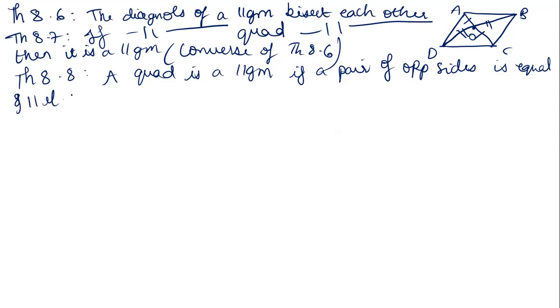So any quadrilateral is a parallelogram if any pair of opposite sides is equal and parallel to each other. This is similar to theorem 8.2, 8.3, like that. Okay, so this is the end of this session, guys. Theorem 8.8. We're winding up with this.